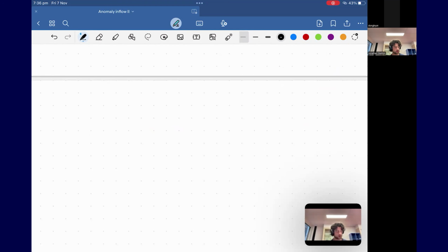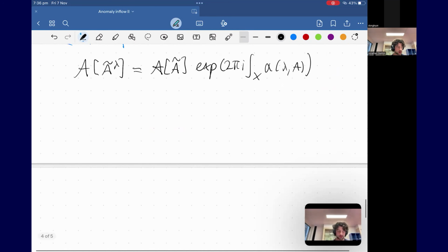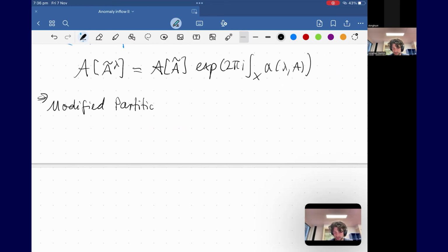So then the really nice property is that this implies we can define a modified partition function, Z tilde, on our background fields, which will be the original partition function multiplied by this bulk partition function.